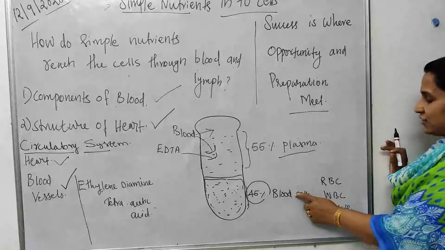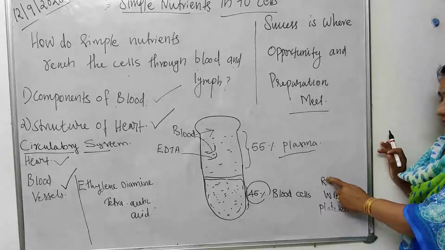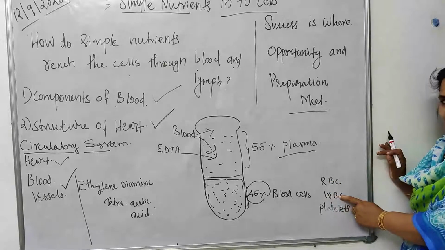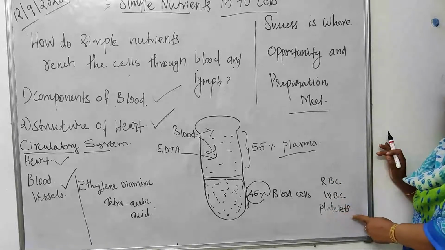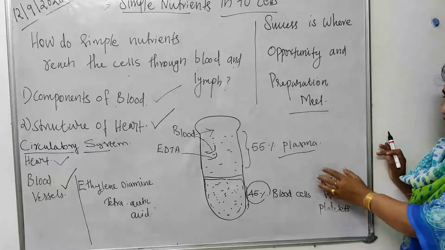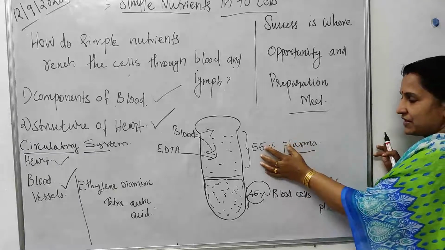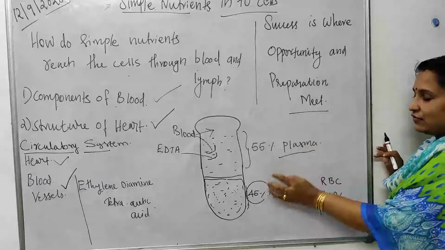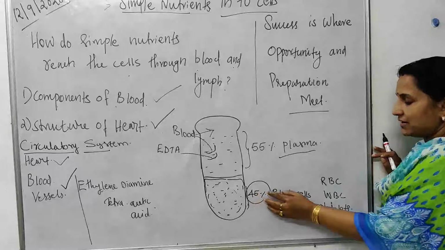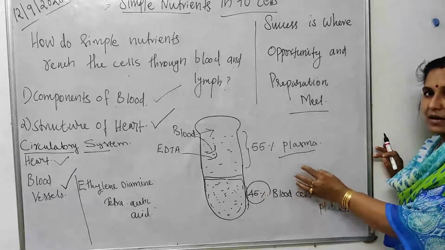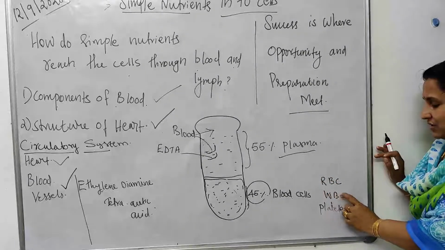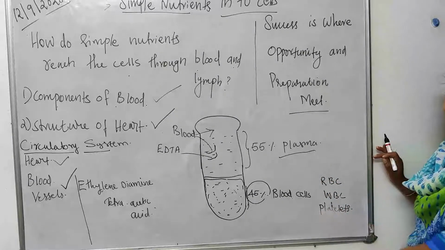The various kinds of blood cells are RBC, red blood corpuscles, WBC, white blood corpuscles, and platelets. So 55% of the blood is plasma, the liquid part, and 45% of the blood is blood cells. Blood cells are of three types: RBC, WBC and platelets.